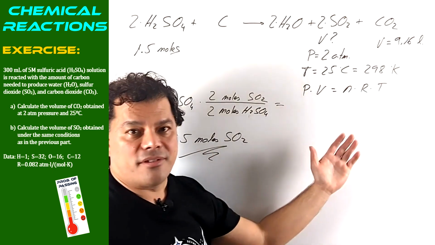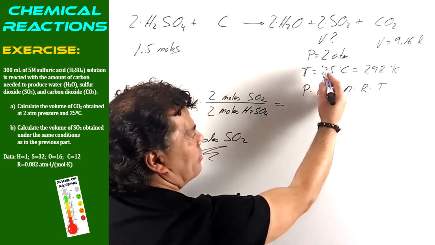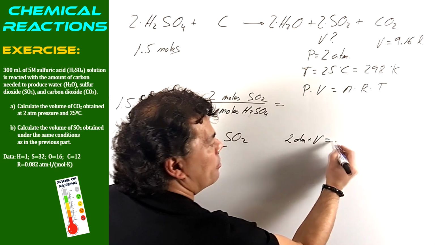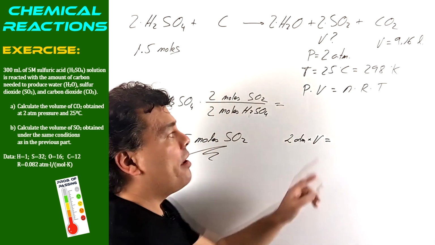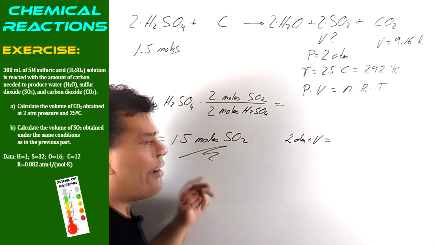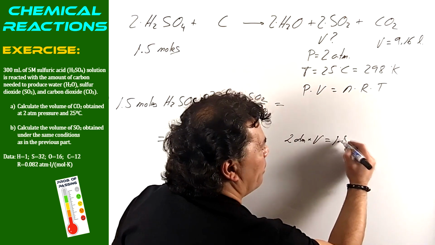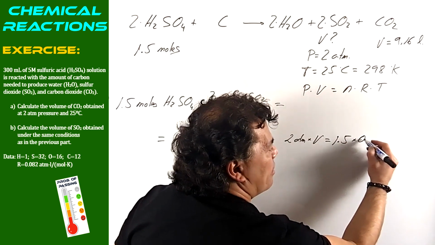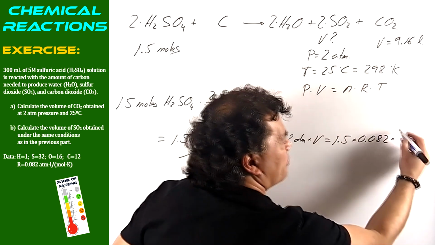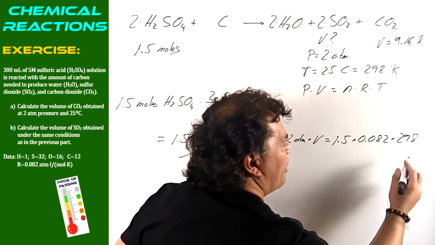And there comes the solution. Pressure 2 atmospheres, multiplying the volume of sulfur dioxide. Number of moles of sulfur dioxide, 1.5. There comes the Rydberg constant, 0.082, multiplying the temperature, 298 kelvins.